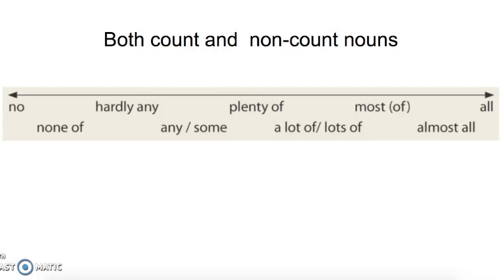Hardly any, for example. We have hardly any sugar left. We have plenty of oranges. We have lots of fruit. Here's some examples of these quantifiers in use. Think of some for yourself.